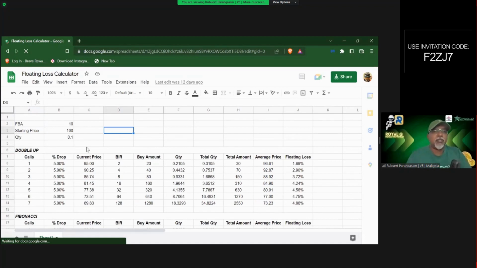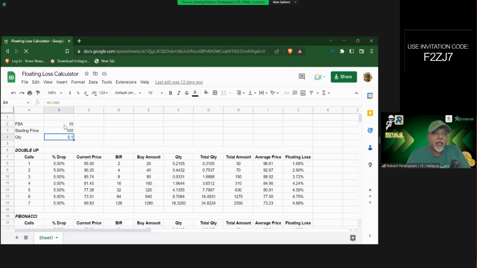There's some calculation already done. The calculation is very simple. The first buy-in amount is $10. The starting price is 100. Quantity is 0.1. That means I am buying $10 at a coin price of $100, so I have 0.1 coins.